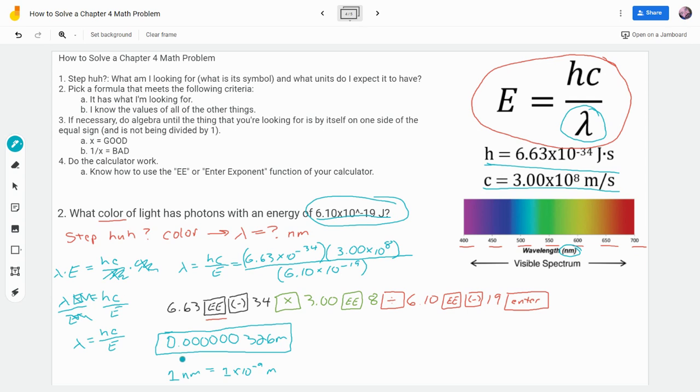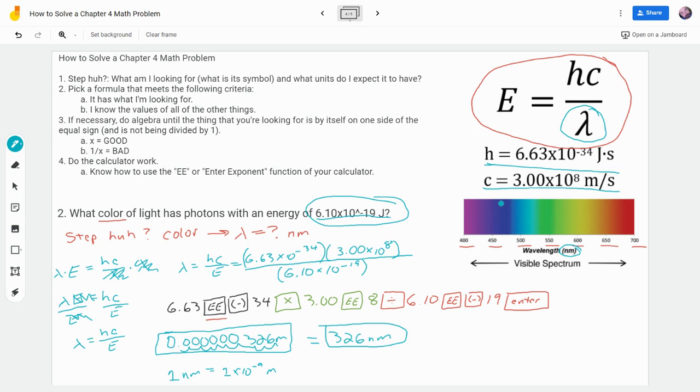So if I move my decimal place over 1, 2, 3, 4, 5, 6, 7, 8, 9, this number in meters would be the same thing as 326 nanometers.